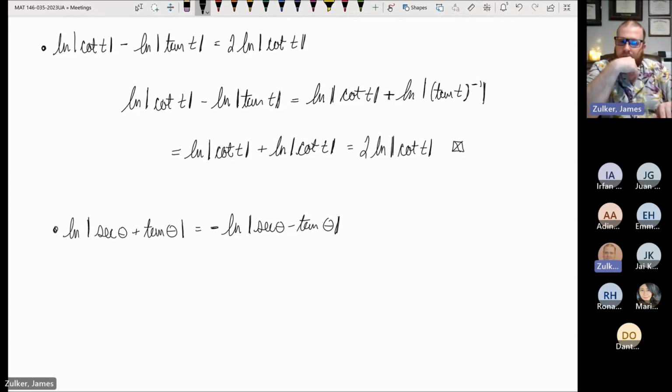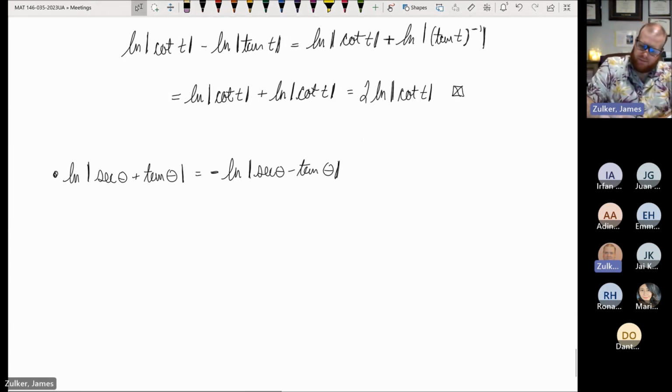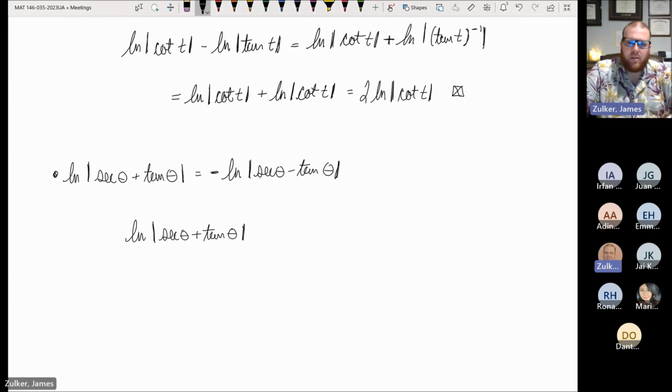So log of secant plus tangent is equal to negative log of secant minus tangent. All right, so let's start with the right-hand side.